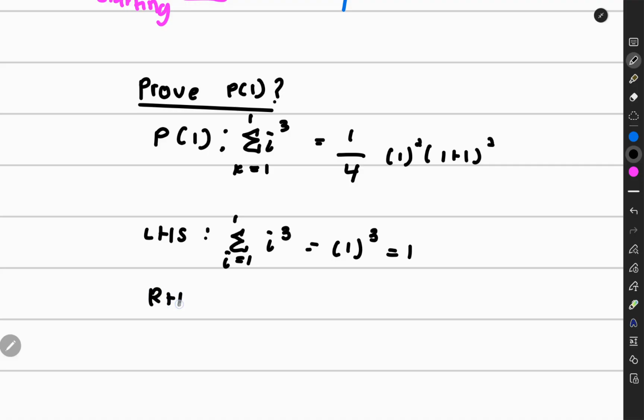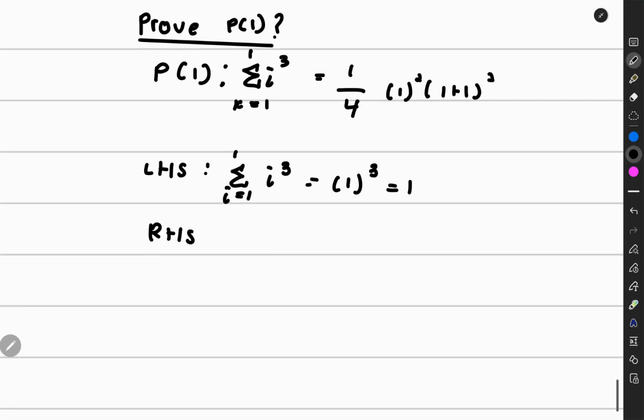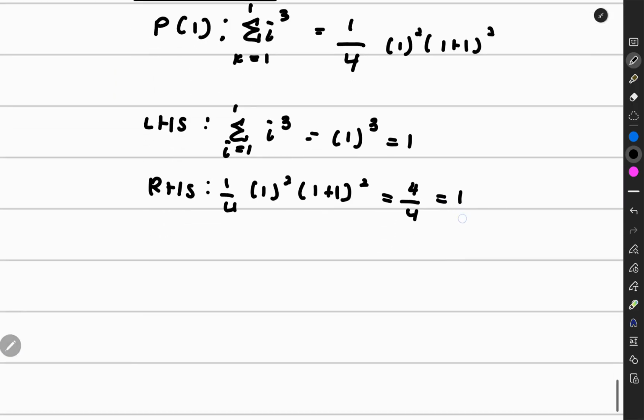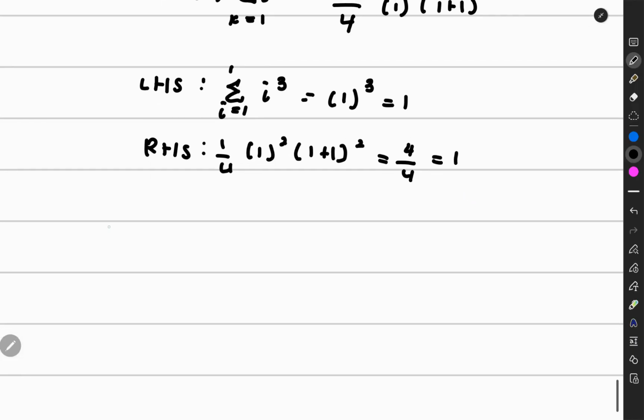Right hand side is simply 1 over 4 times 1 to the 2 times 1 plus 1 to the 2, which is equal to 4 over 4, which is equal to 1. So it is the same on both sides, left hand side and right hand side. So therefore, we can conclude that your P(1) is true.